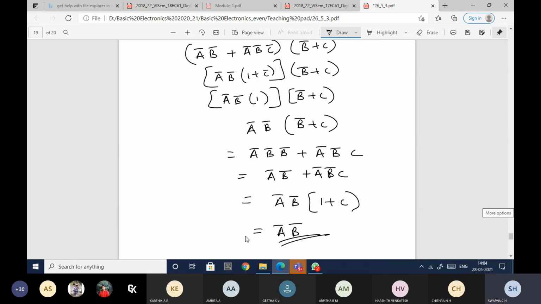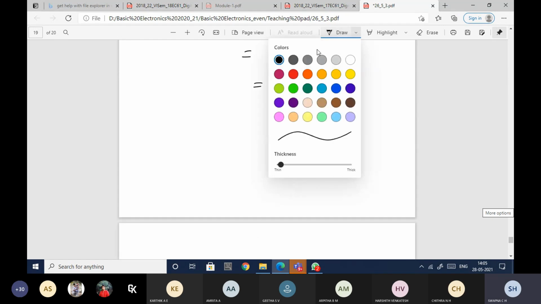Last problem in this simplification. I want to give a little complicated one. I want all of you to try this problem.